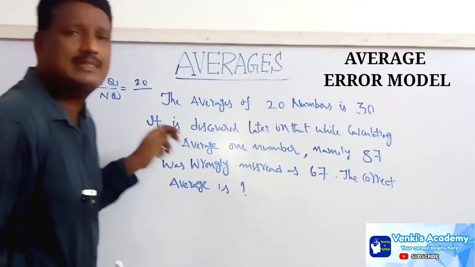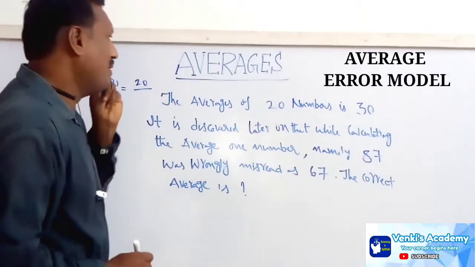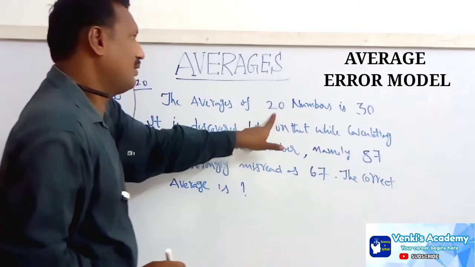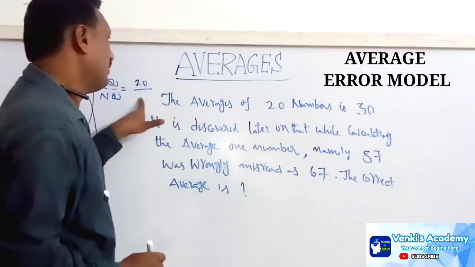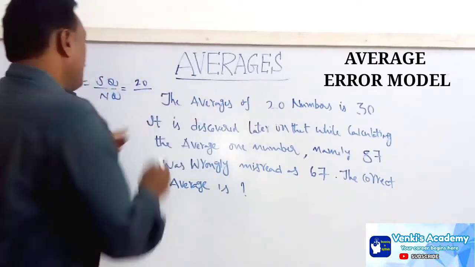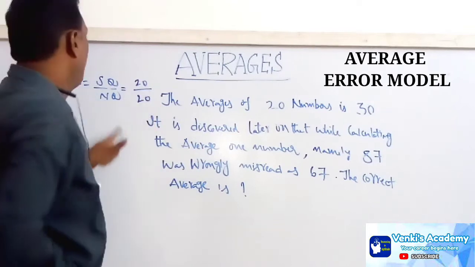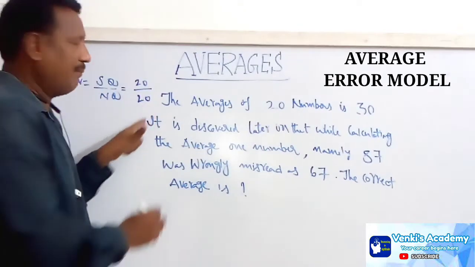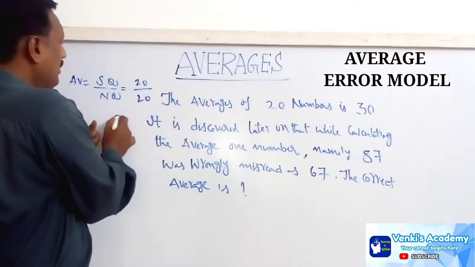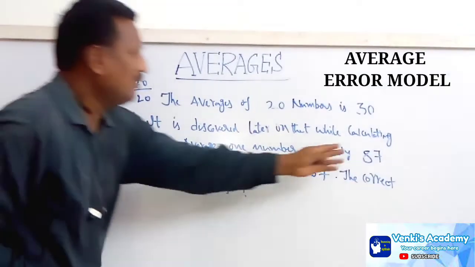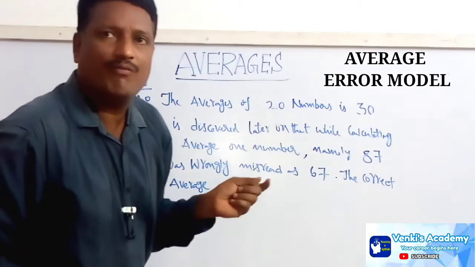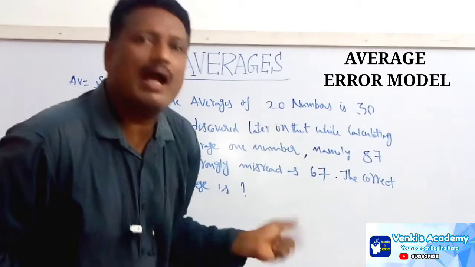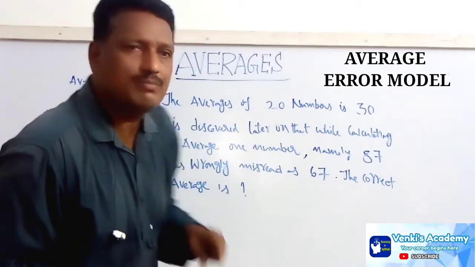Number of quantities means the total number of numbers. How many numbers are there here? 20 numbers. If it were 30 numbers, we would divide by 30. Here it is 20, so 20 by 20 means 1. Now the difference 20 is converted into an average of 1.